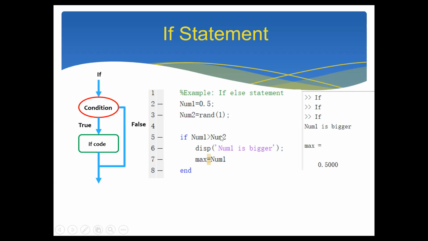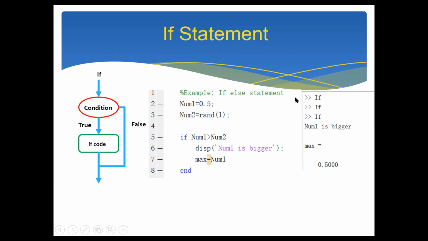So then you have this if statement, and if number 1 is greater than number 2, you will display number 1 is bigger and let the maximum be number 1. Then you run this script, and you see that sometimes you just run this script, this script is called if, right? Run this script, you don't see any result. But some other times you see the result.